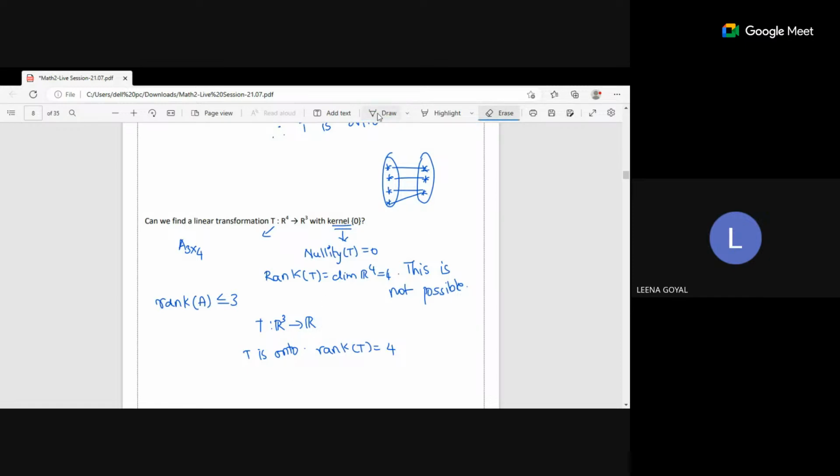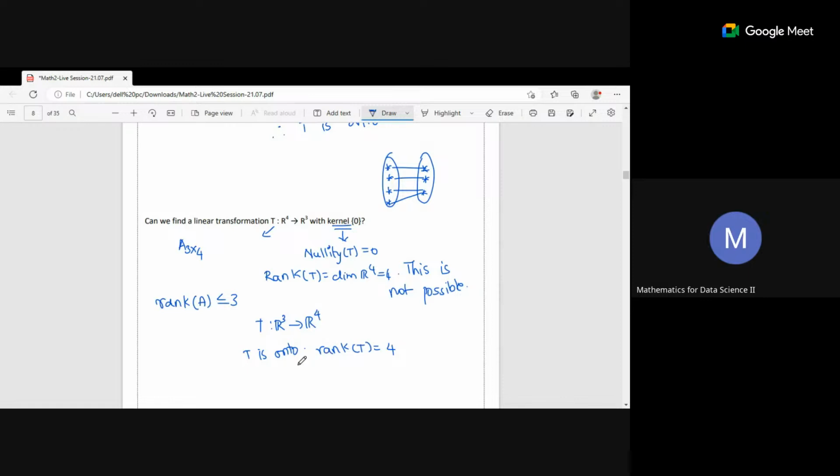For rank to be full, the dimensions need to be equal. See, what do you mean by full rank? For a 3 by 4 matrix, 3 is full rank actually, because 3 is the column. So here, maybe don't use the term full rank.